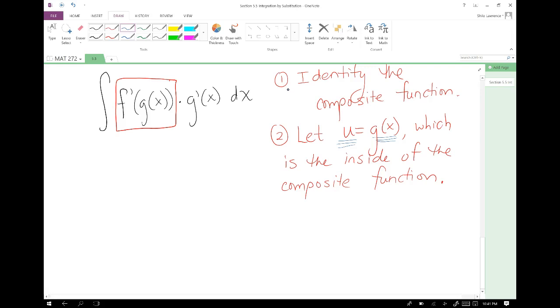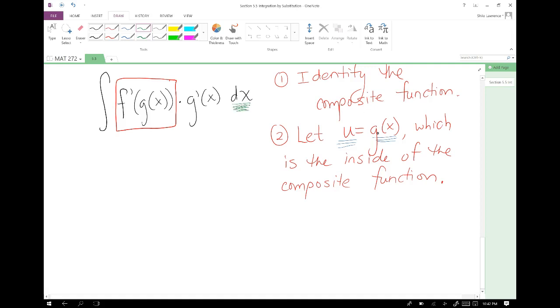So we are starting our process of changing this integral to go from being in terms of x to being in terms of u. Now remember, I said earlier, this dx at the end means that we're treating x as the variable.